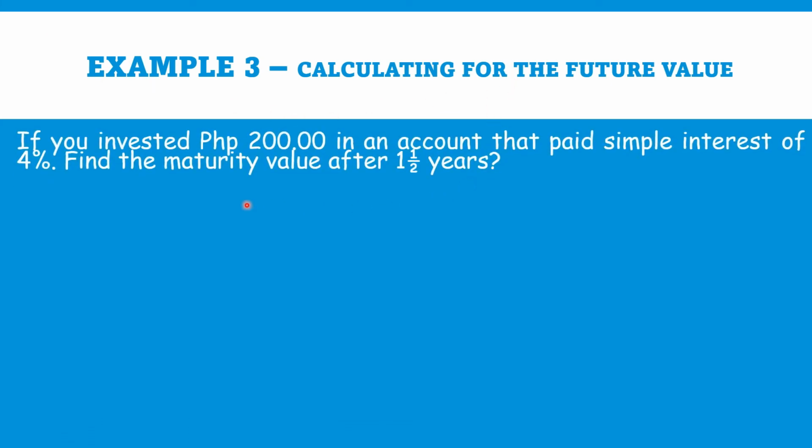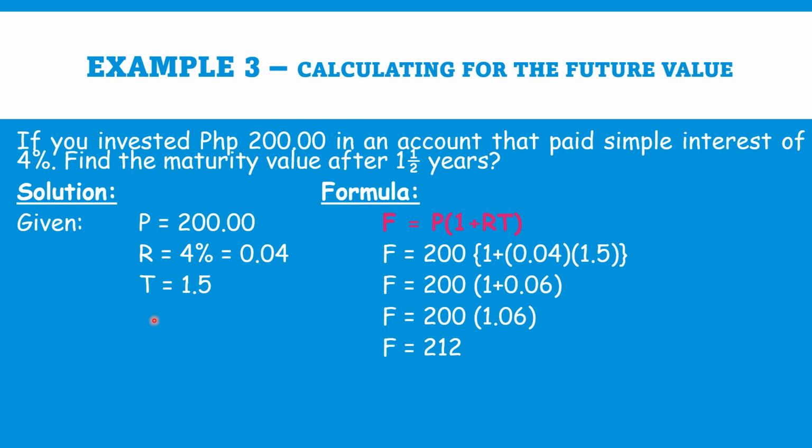Example number 3, calculating for the future value. For example, if you invested 200 pesos in an account that paid simple interest of 4%, find the maturity value after 1.5 years. So here is the solution.